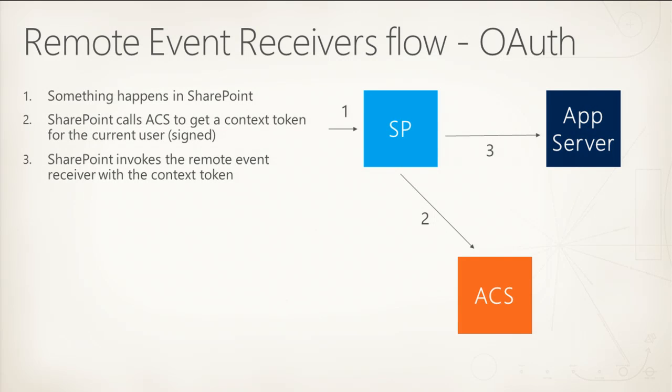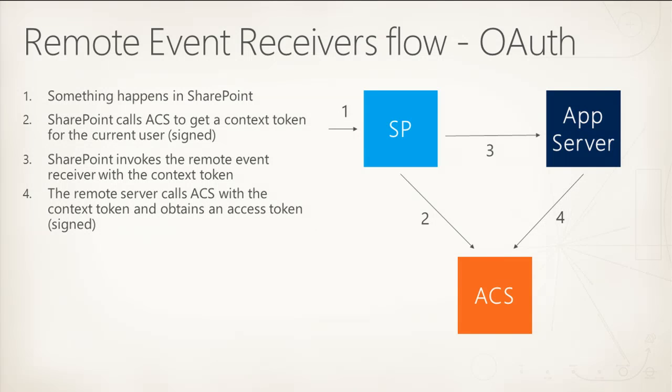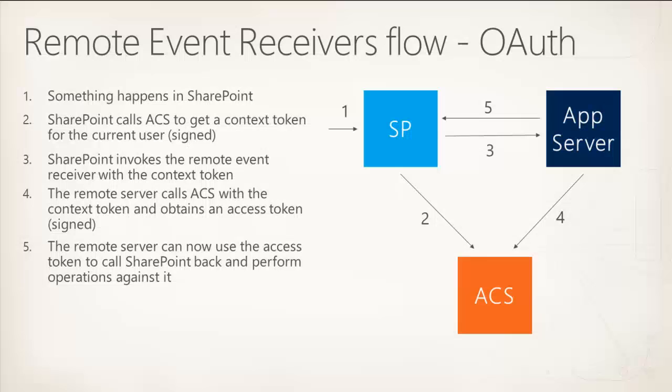Now, the app server can't call SharePoint back yet. It actually needs to call ACS again with that context token and with the information about the identity of that app, and obtain what's called an access token, which is the thing that will allow the app server to start to talk back to SharePoint and modify the items on it.